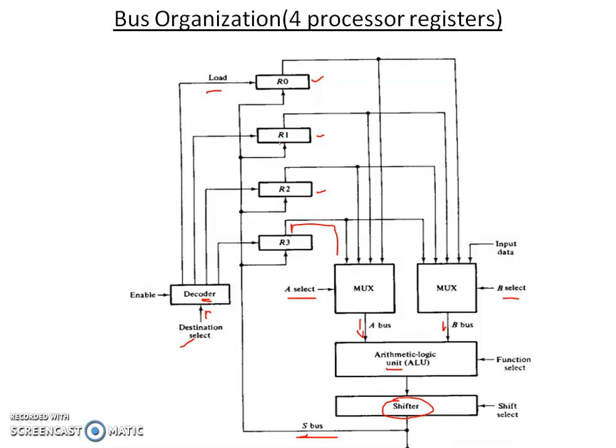If R1 is selected, this load signal is initiated, allowing the R1 register to fetch the information currently stored in the bus. This is the organization of the bus with the 4 processor registers.